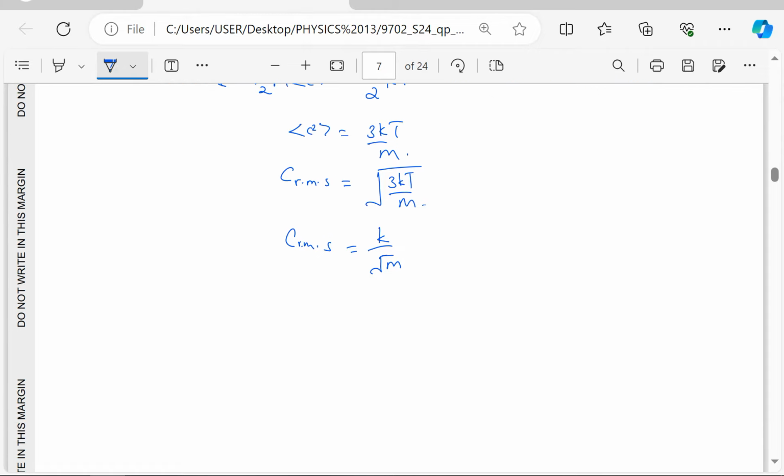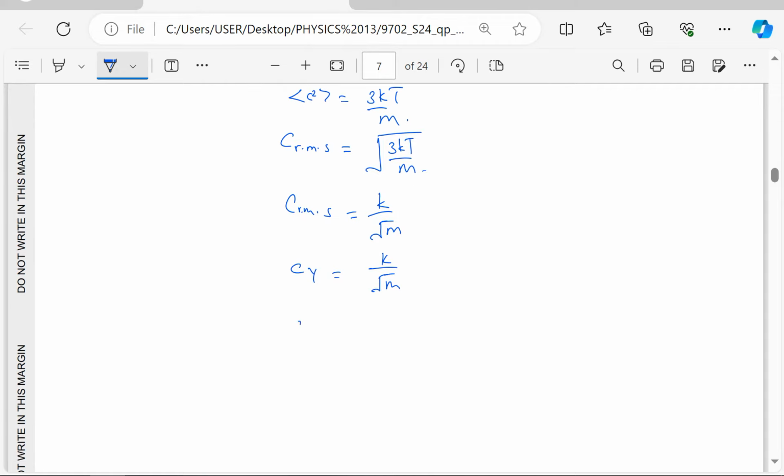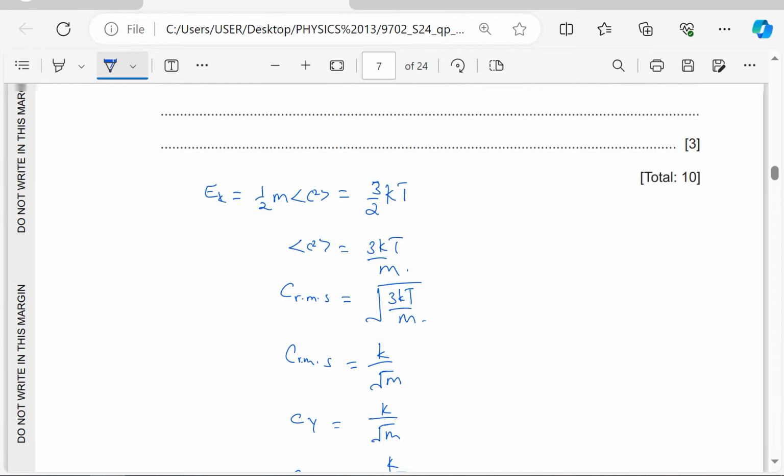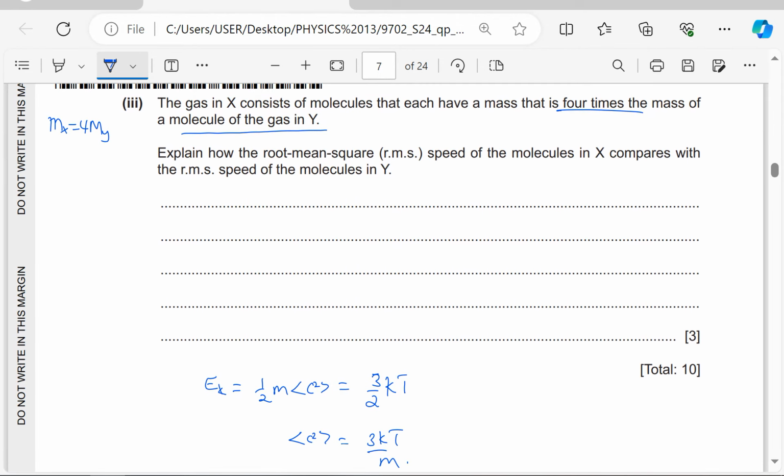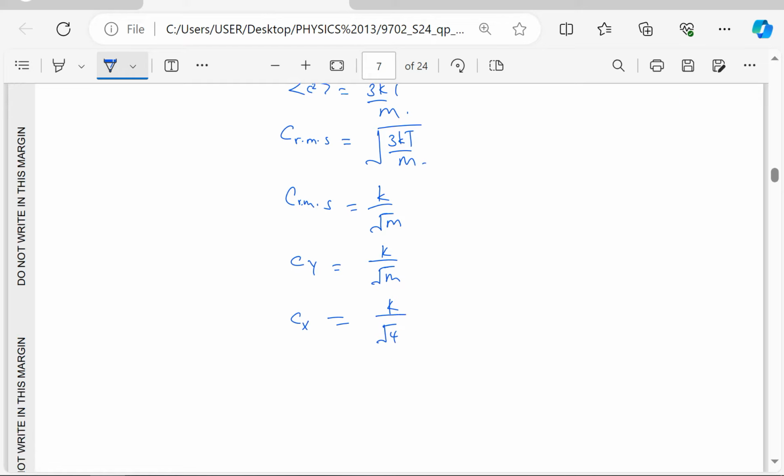Okay, so I'll say C for Y is equal to k over root of m. Therefore, C for X, because they say the molecules of X have a mass which is 4 times, is going to be k divided by root of 4m. If X is 4m, the other one is m.